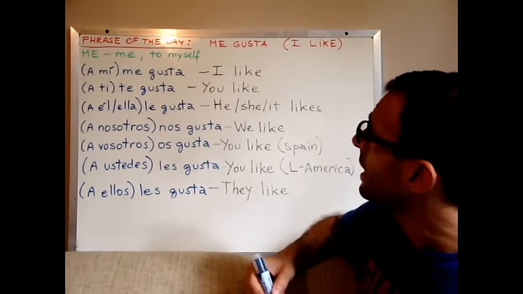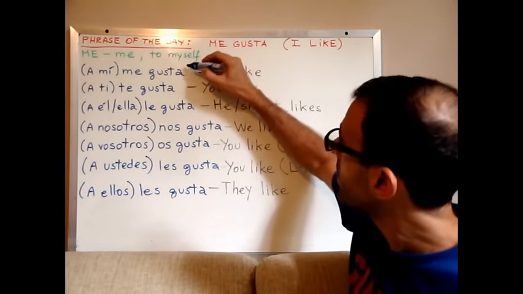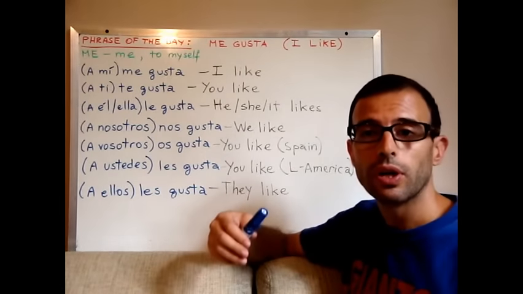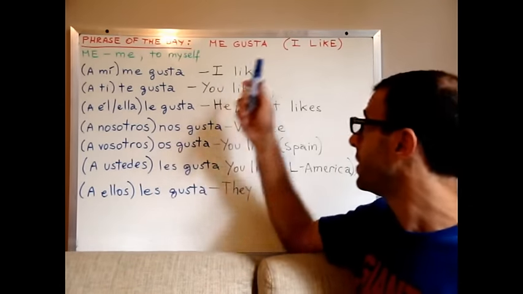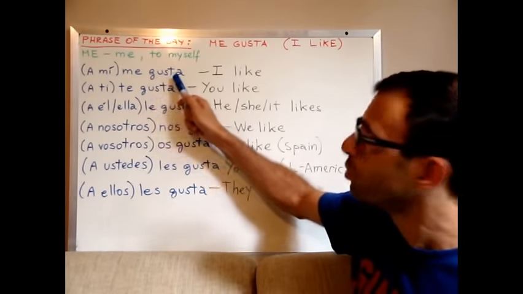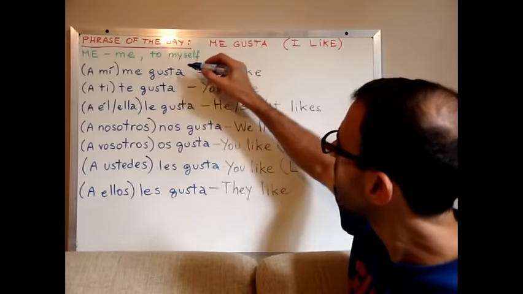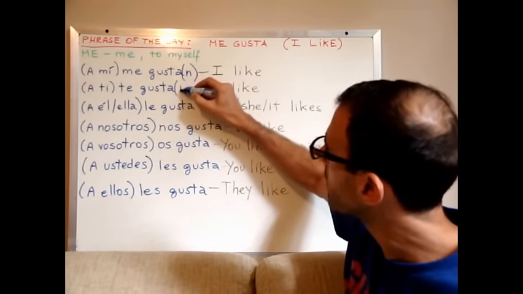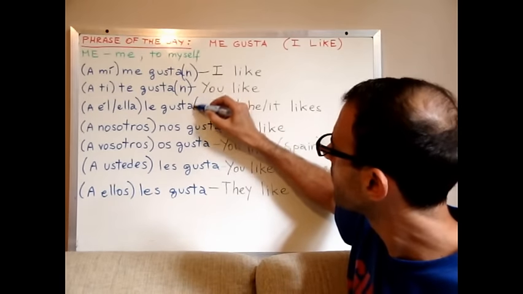First of all, let me specify that if the object we are referring to when we say I like is singular, then we say me gusta. And if it is plural, we have to add an N, me gustan, right?